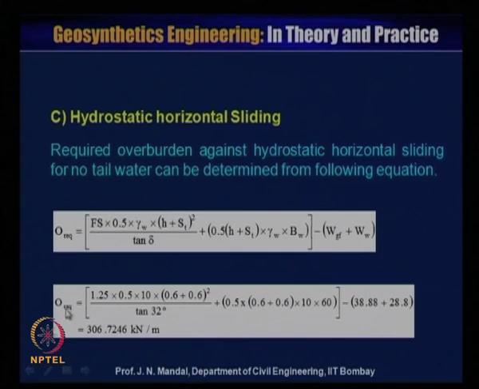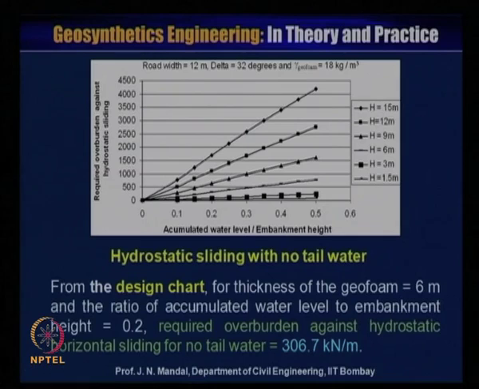So you can obtain O required will be equal to 306.7246 kilonewton per meter. Now, this is the hydrostatic sliding with no tailwater.